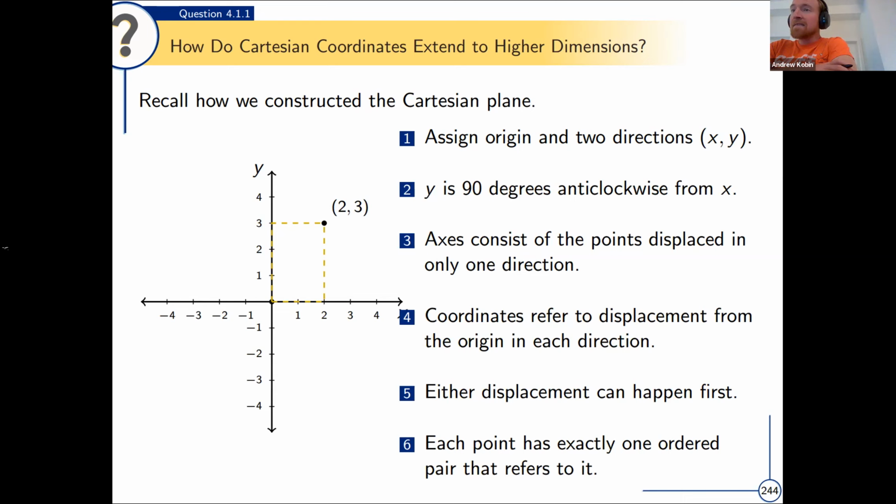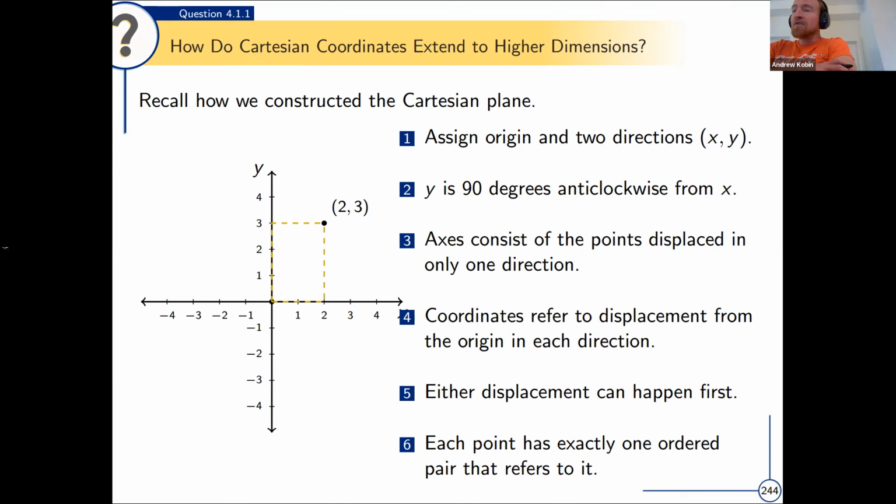The two axes, x and y axis, consist of just walking in only one direction from the origin, either horizontally along the x direction or vertically along the y direction. Those are the axes. Coordinates refer to first walking in the x direction and then in the y direction by some number of units, and you can reverse that and go the y direction first, then the x direction.